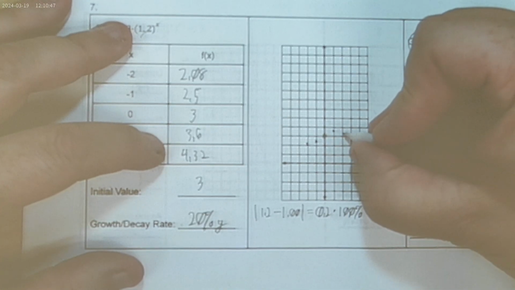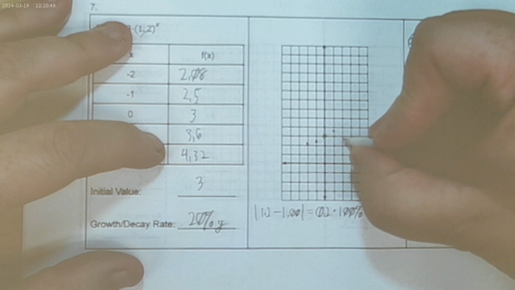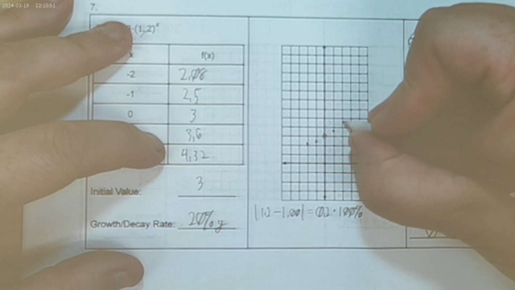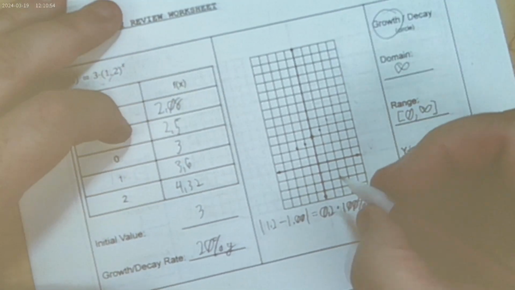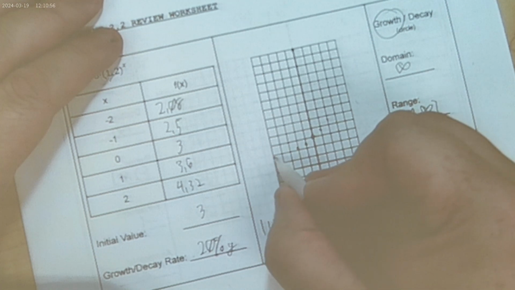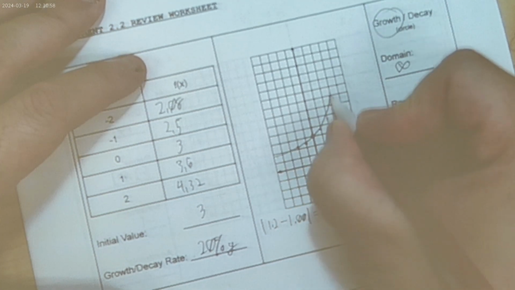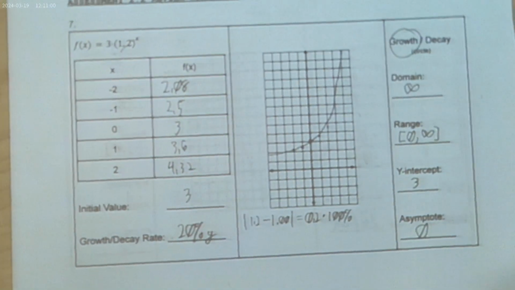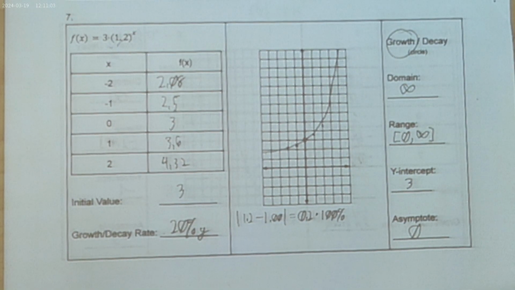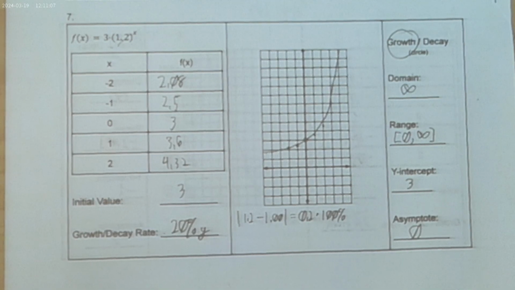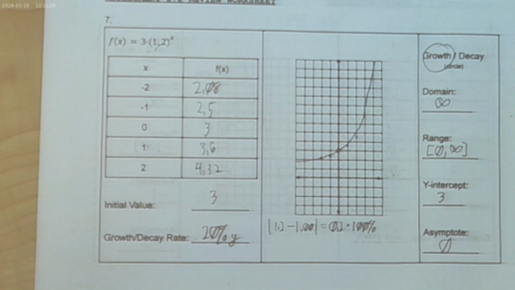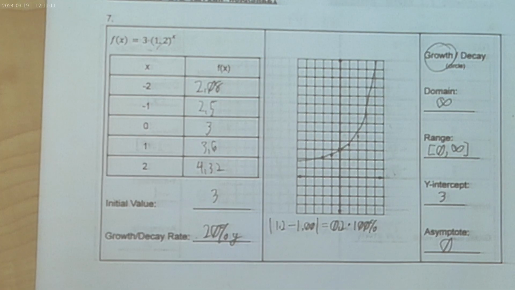And then at 2, I've got 4.32. You can see kind of a curve with that, and that makes sense because it's a growth. We're good to go with that. So we got everything else that we needed just off of the basic information that we had at the start. So let's keep it going.